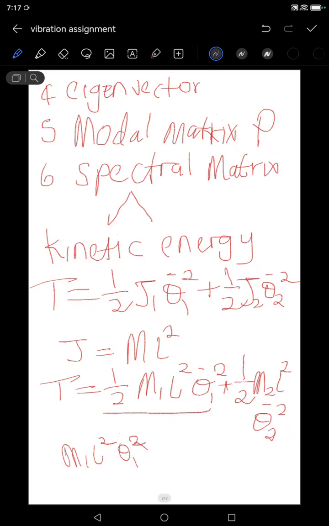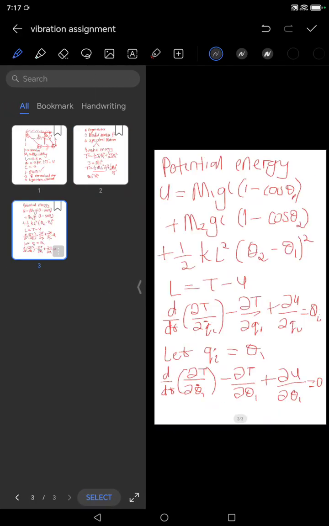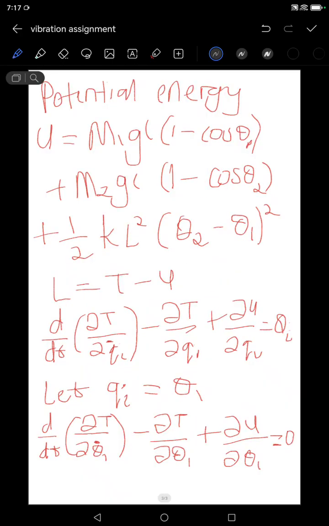So now let's continue and do the derivative of the first theta, and wherever there's theta 1, that's where we're going to focus. So we're going to focus on m1 gl into 1 cos theta 1, and we're also going to focus here at half kl squared theta 2 minus theta 1, because there is theta 1. So now let's move forward.